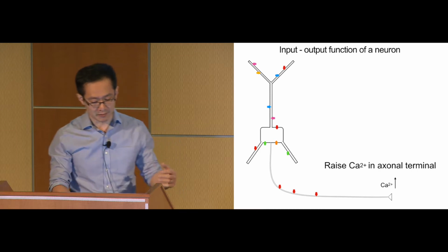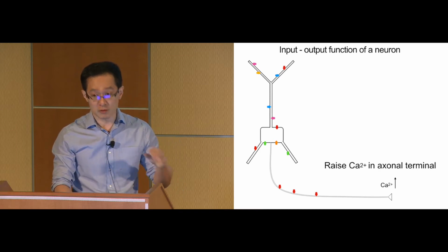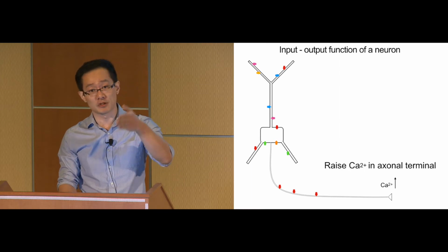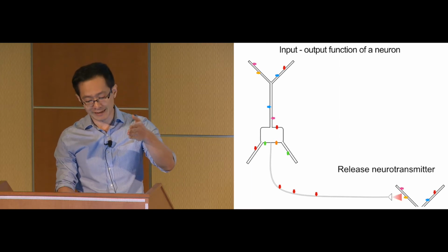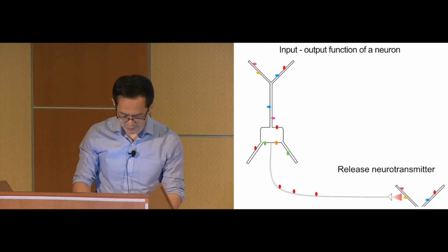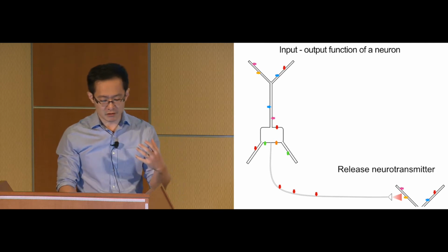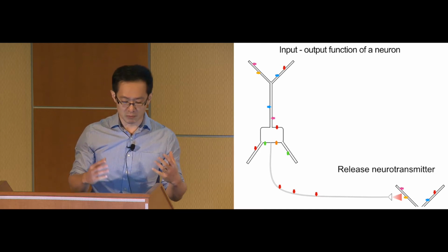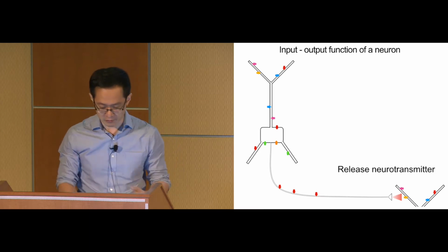Action potentials can travel down to the axonal terminal, raise calcium concentration there, and induce neurotransmitter release onto the downstream neurons. So this process is really like an alternation between an analog signal and a digital signal.